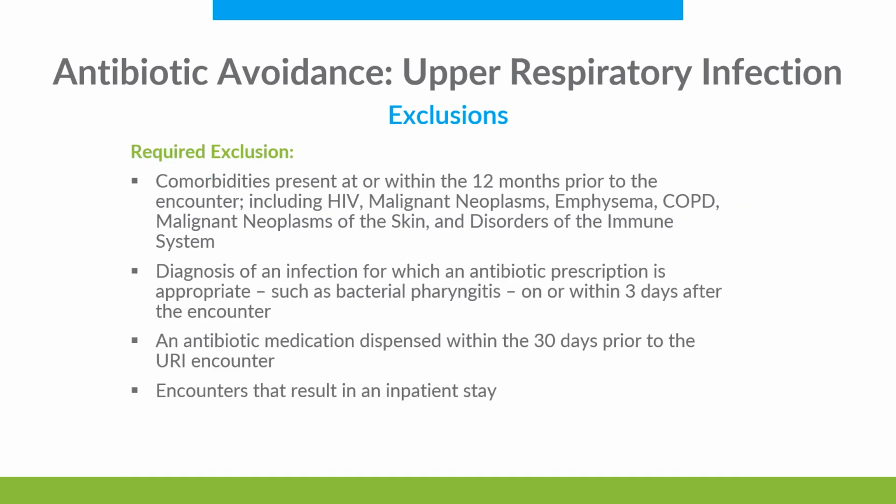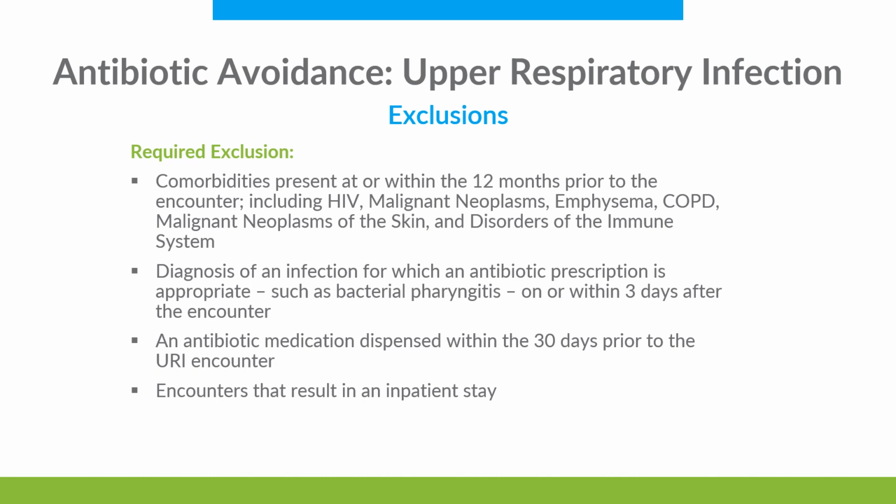The exclusions for this particular pharmacy measure are as follows. First, comorbidities present at or within the 12 months prior to the encounter, including HIV, malignant neoplasms, emphysema, COPD, malignant neoplasms of the skin, and disorders of the immune system.